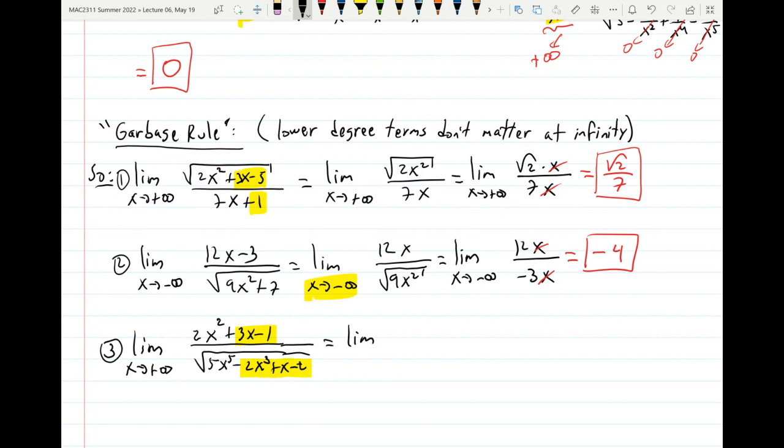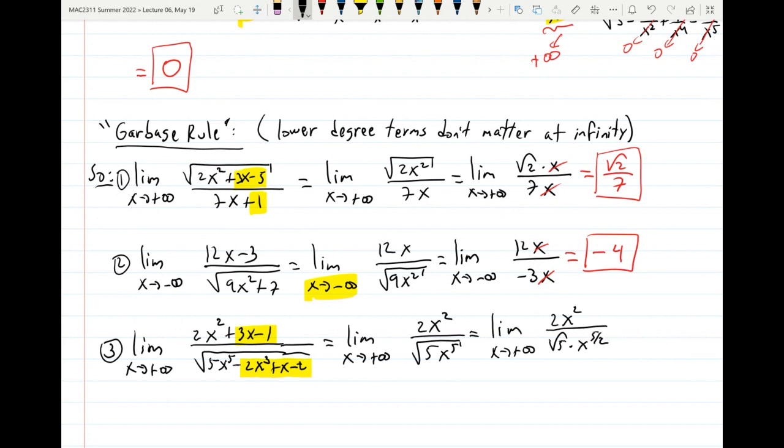So the limit as x approaches positive infinity, 2x squared on top, and then the square root of 5x to the 5 in the bottom. And once again, this will be the limit as x approaches positive infinity of 2x squared over square root of 5 times x to the 5 over 2.